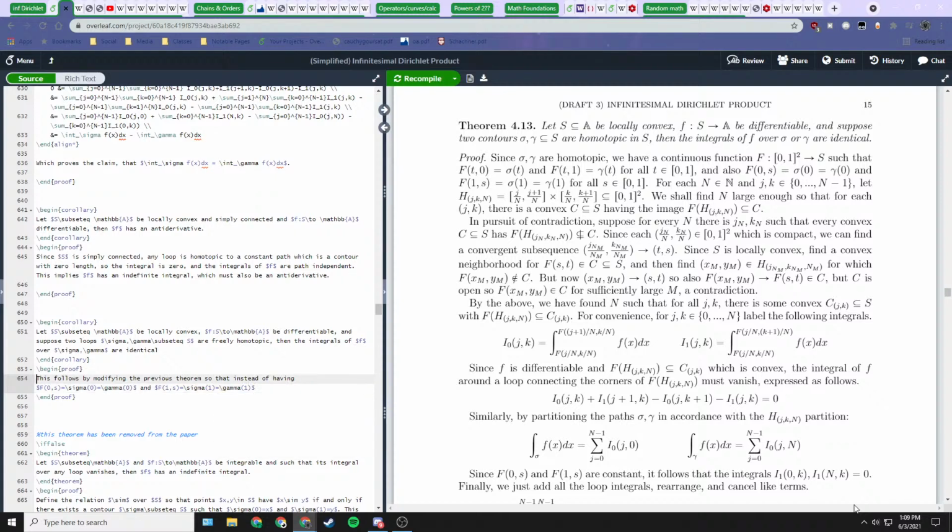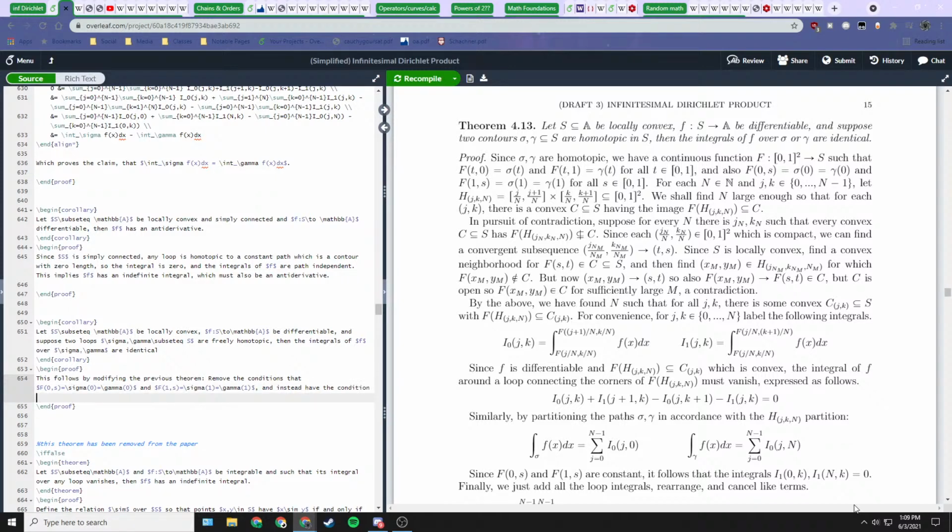So this follows by modifying the previous theorem, and instead have the conditions that f0s is f1s.